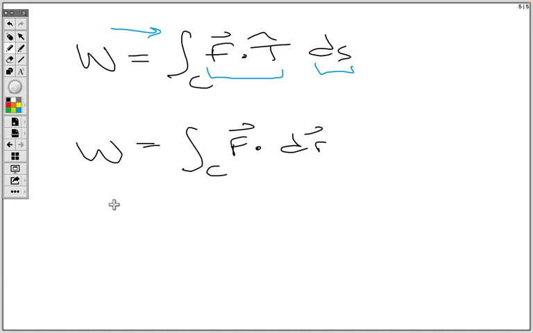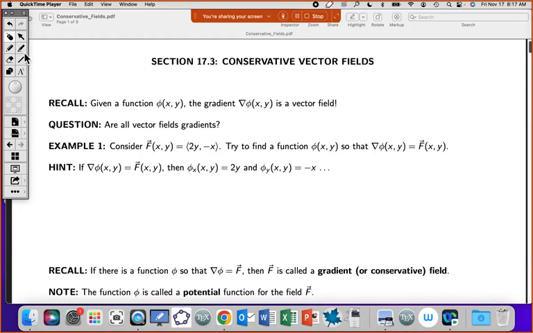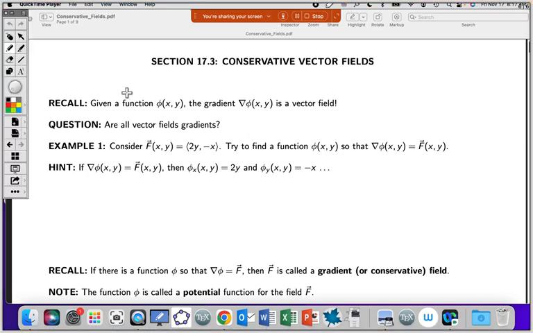And so today we're going to talk about a way to calculate these work integrals in the specific case that F is a gradient field. So if F is a gradient field, we're going to talk about a way we can get around this.